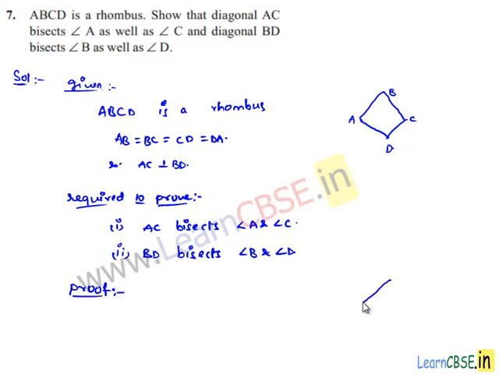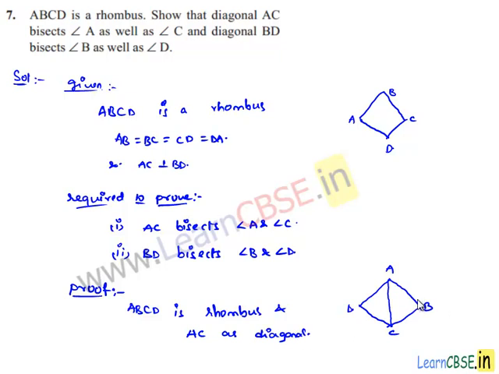Let us consider the rhombus ABCD, and initially let us assume only AC as the diagonal.